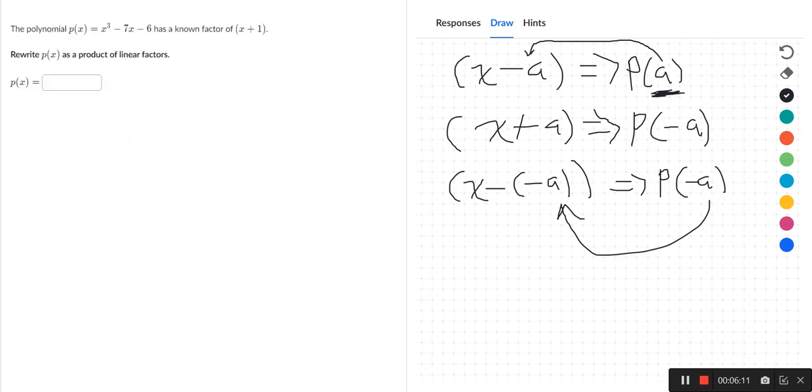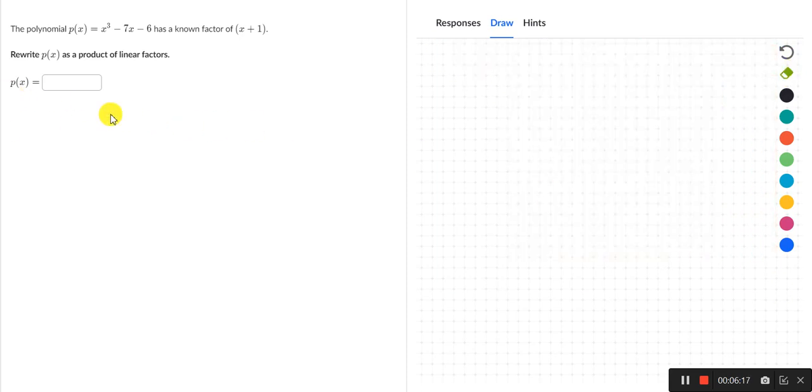Let's move on to the next problem. I'm going to take this one here. It tells me the polynomial p of x equals x to the power of 3 minus 7x minus 6, and it has a known factor of x plus 1. Rewrite p of x as a product of linear factors.